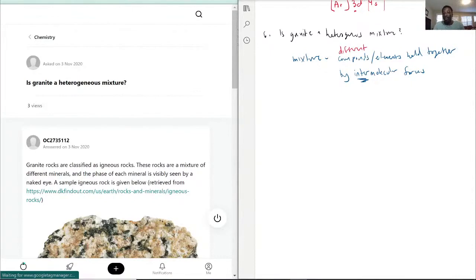The reason I mentioned that is because there are some mixtures like air that are more free roaming, and other mixtures. Bronze, for example, is a mixture, where you melt, I think, copper and tin together. You mix those two elements, and they are held together by metallic bonds and forces, and that is considered a mixture in itself.